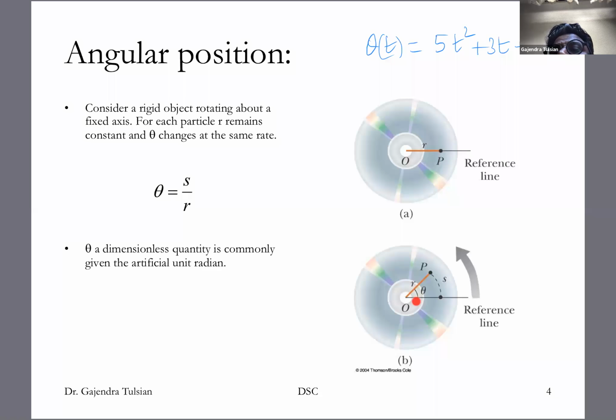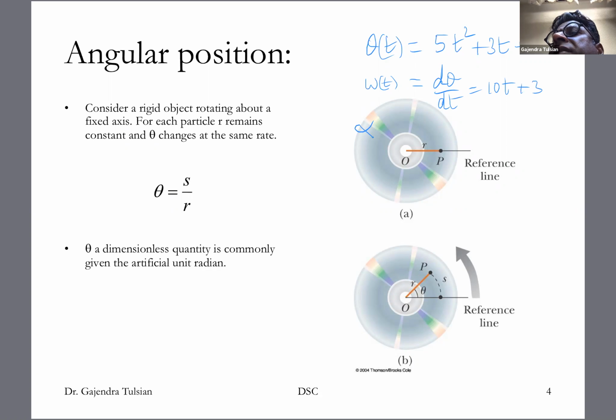Okay, and just like before, angular velocity is equal to d theta by dt. So in this case, it will be 10t plus 3.